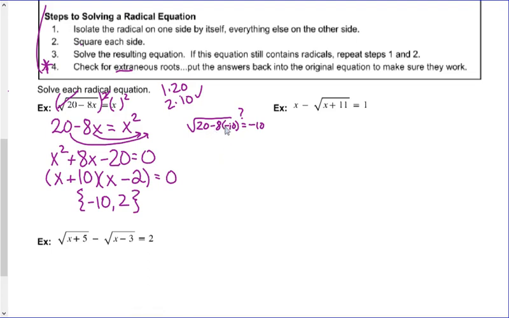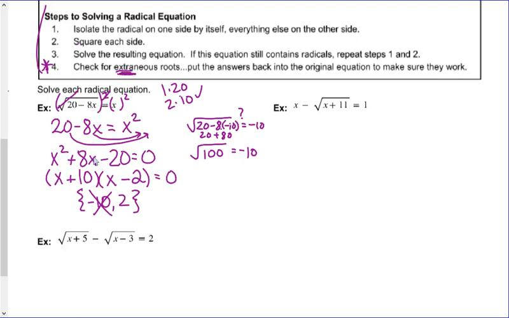These two negatives become a positive, and this becomes an 80. So this becomes 20 plus 80, which is 100. And is the square root of 100 equal to a negative 10? Nope. Hope you're shaking your head. It is not. Therefore, that is not a root. That was one of those extra roots that come into play.